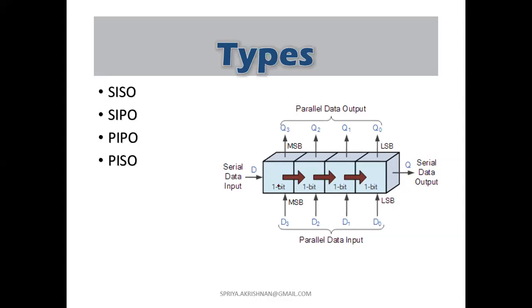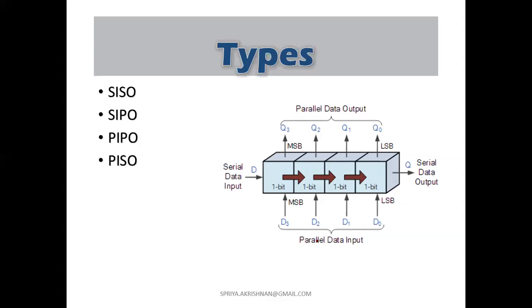I can store one bit. This is one, this is one, this is one. So how many bits can I store? I can store 4 bits, and I need 4 flip-flops here. So this is serial in, serial out.